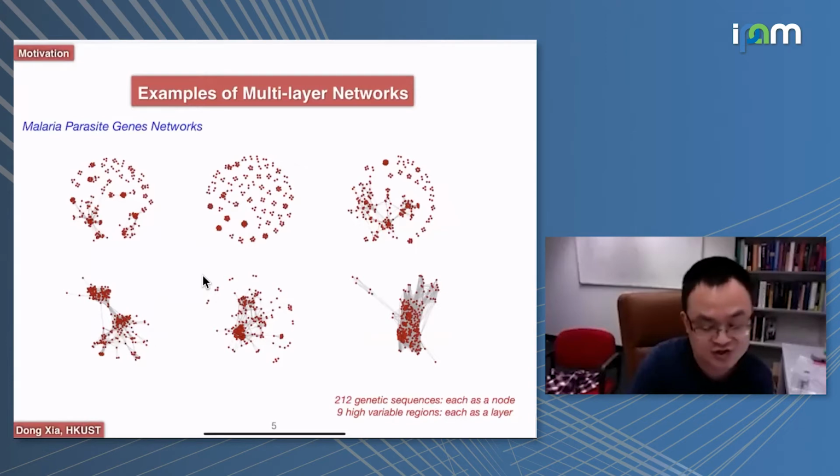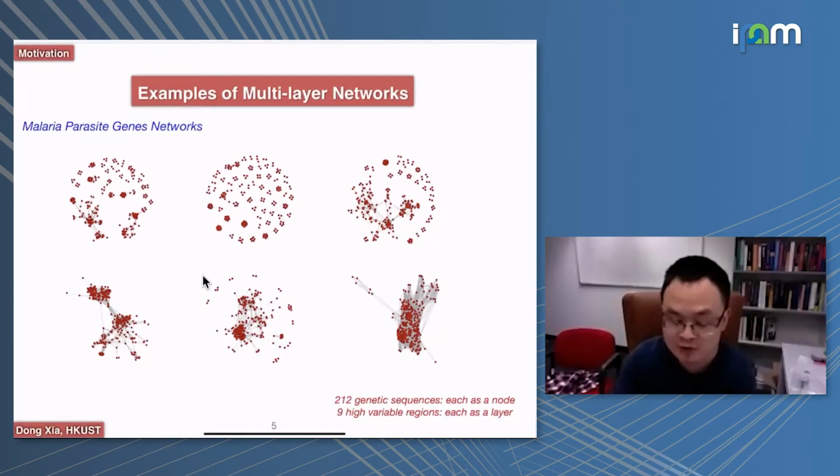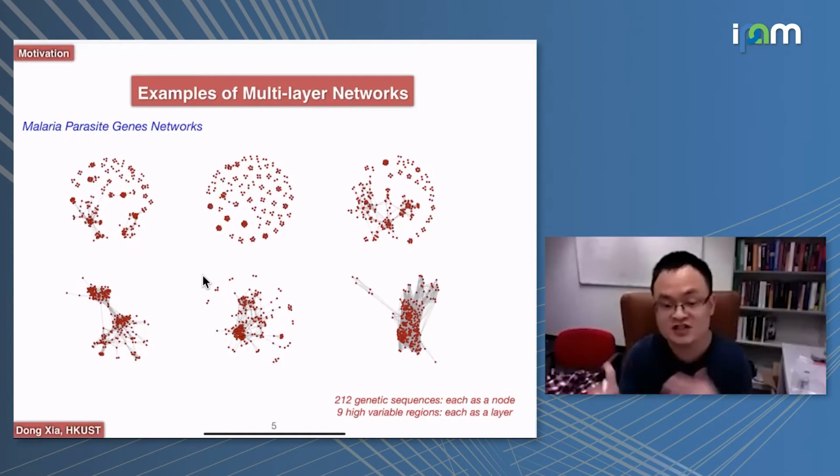Another example is about the malaria parasite gene networks. Here every vertex means one genetic sequence, and there is an edge between two vertices if they have similar functions.